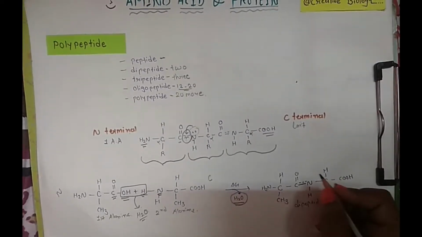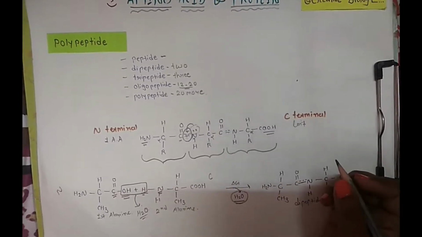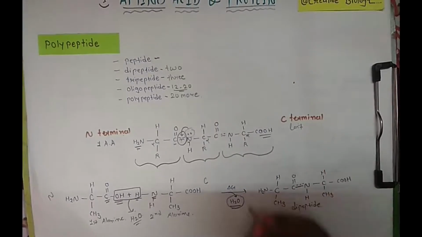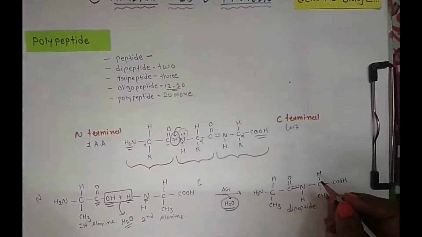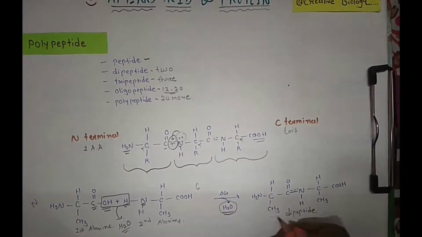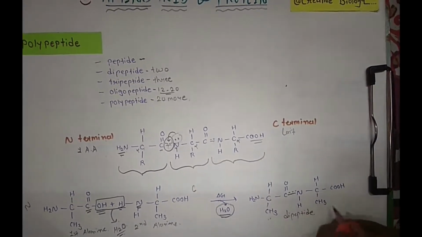In case you have to calculate the molecular weight of a dipeptide or tripeptide, you just need the molecular weight of the first amino acid and the second amino acid.